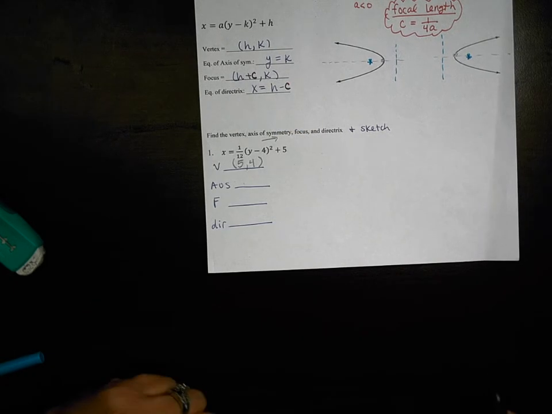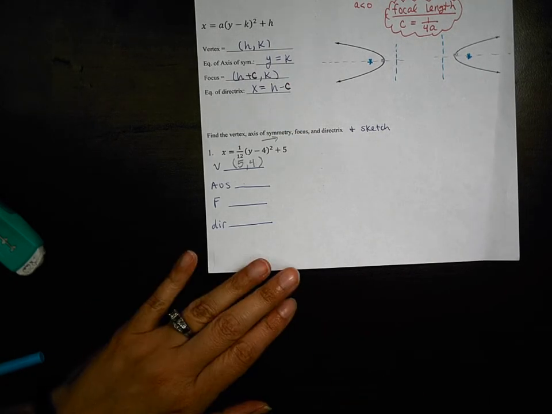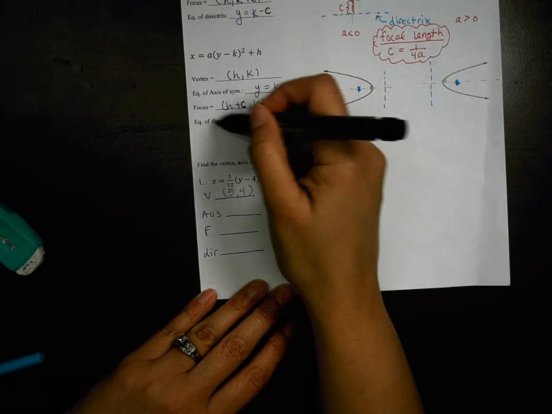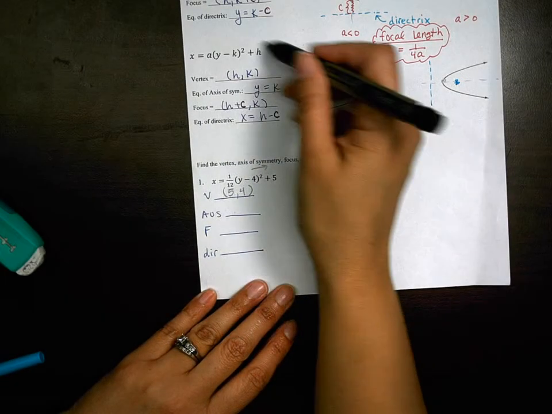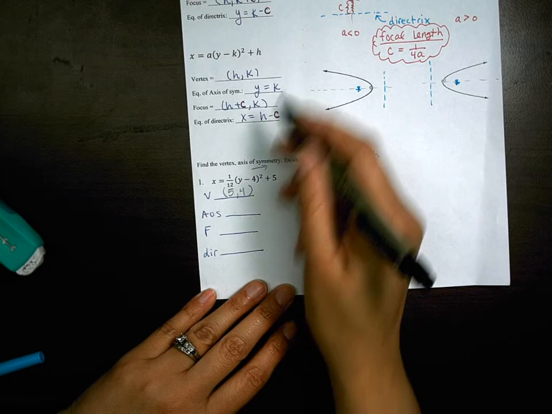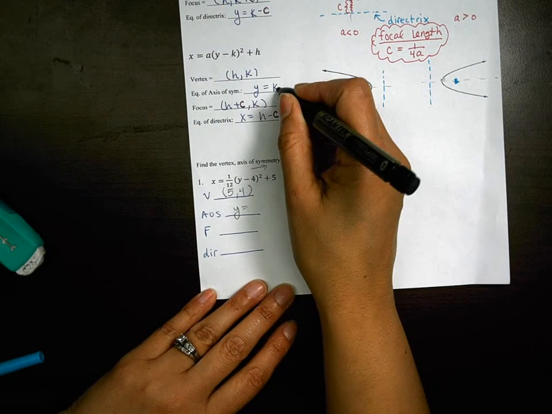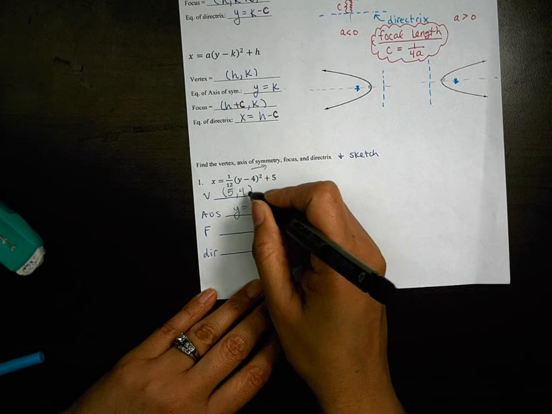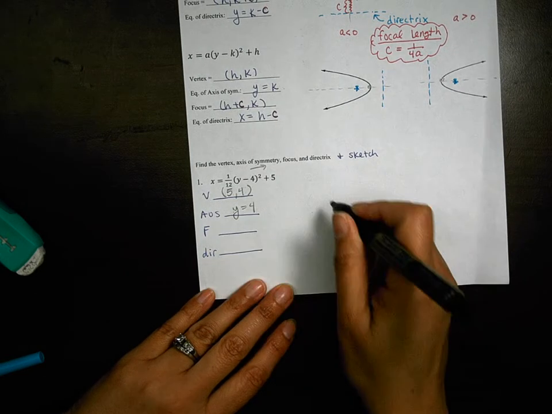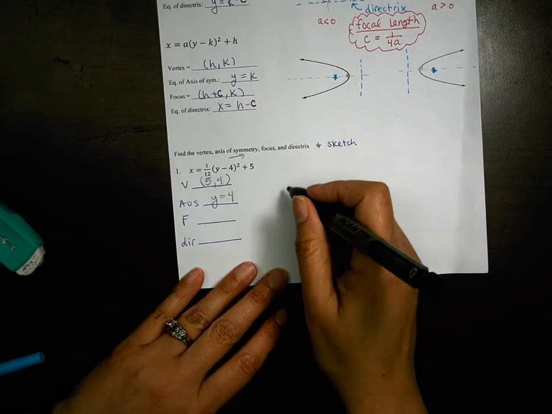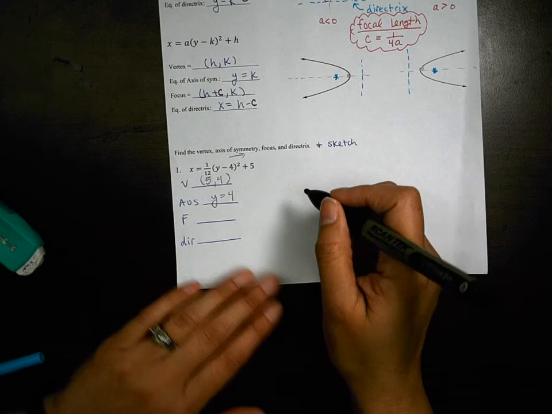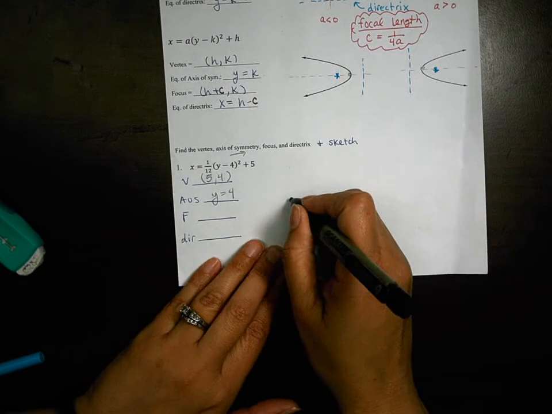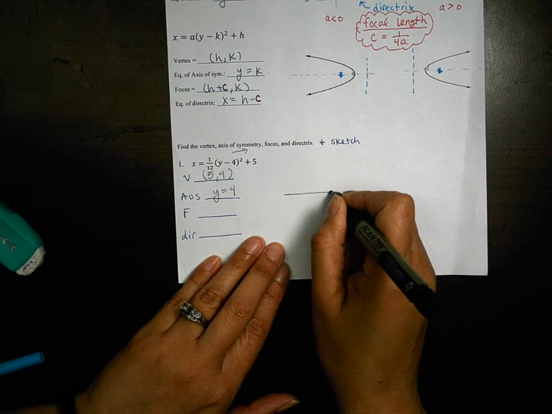Okay. Now, for me, well, let's use our formulas. We're using this one here because y is being squared. It's y equals k, so y equals what? 4. Now, I like to graph before I find anything else. I actually like to graph from the beginning before I even find AOS, but let's graph now.